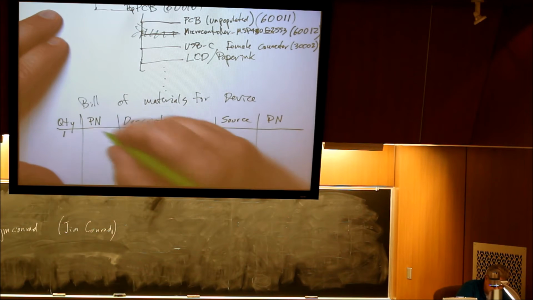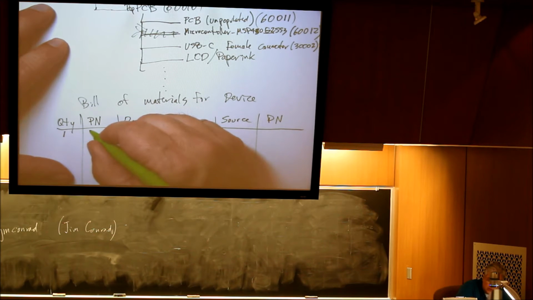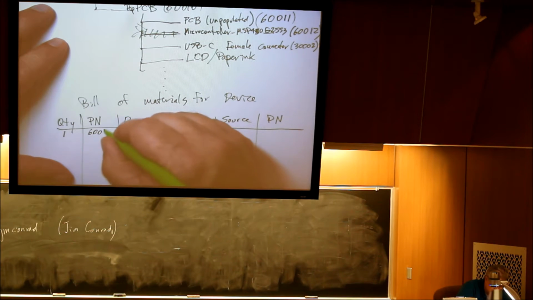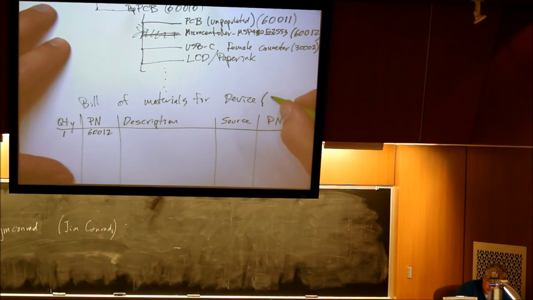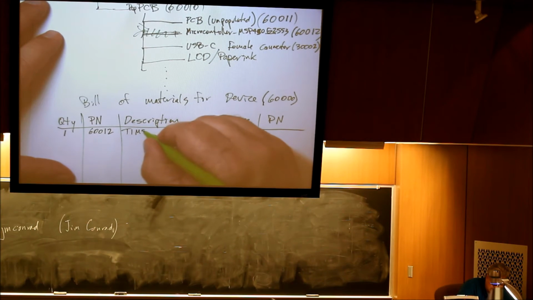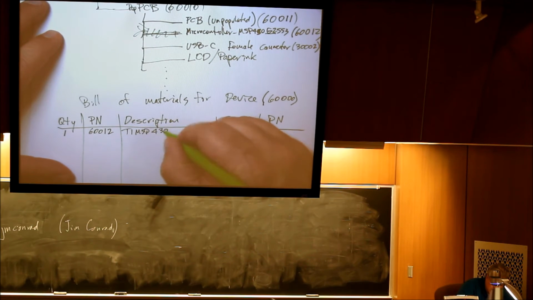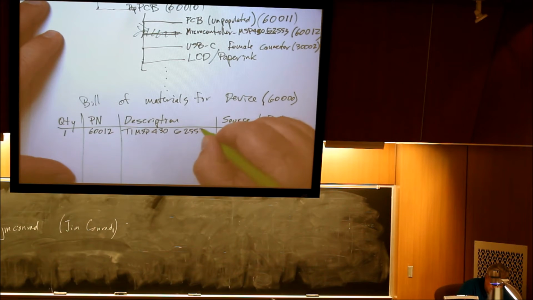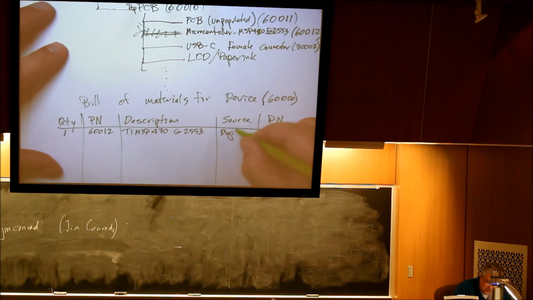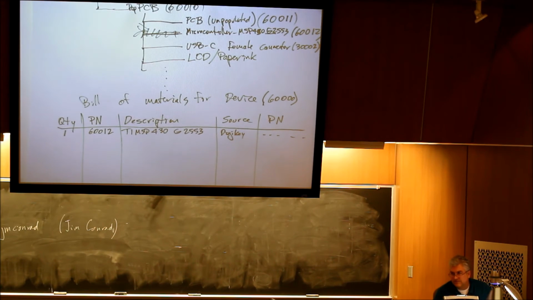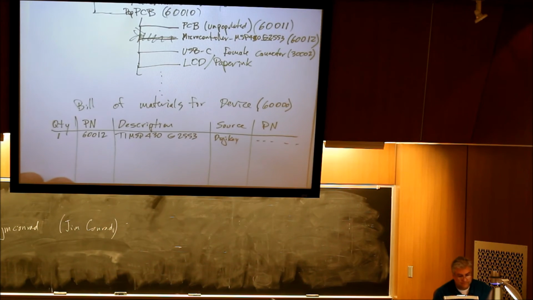So we'll have quantity 1. I'm going to look at your processor, 60012. Bill of materials for your device. Remember, this is part number 6. TI MSP 430 G2553 as an example. We'll get this again from DigiKey, and their part number is whatever their part number is. All the way down.